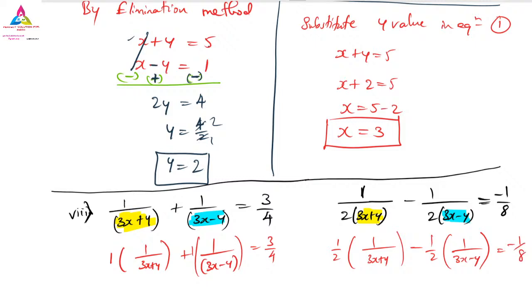So here this whole value 1 divided by 3x plus y you have to take as p, and this one as p. Similarly, 1 divided by 3x minus y, this one you have to take as q, and this one as q. Remember this, and only this is the thing, and you can solve this very easily. If you have a doubt, you can ask me, otherwise you can continue.